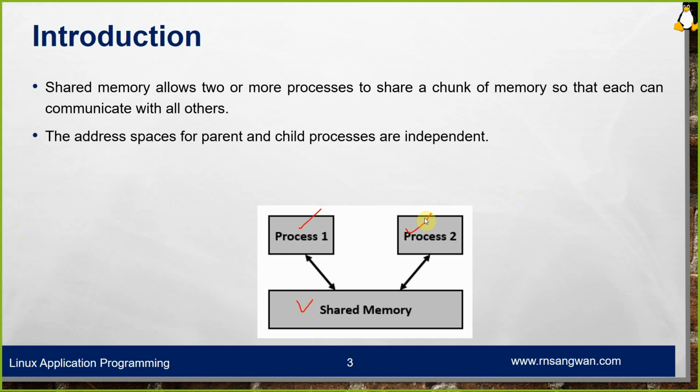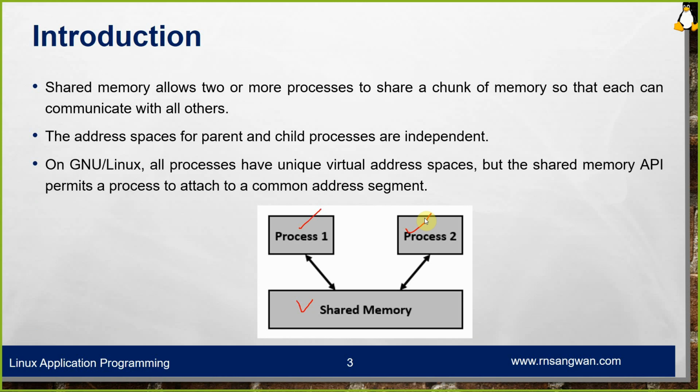The address space for parent and child are independent here. It really does not matter which two processes these are. On GNU Linux, all processes have unique virtual address space, but the shared memory API permits a process to attach to a common address segment, meaning a common memory area where the details of shared memory are located.